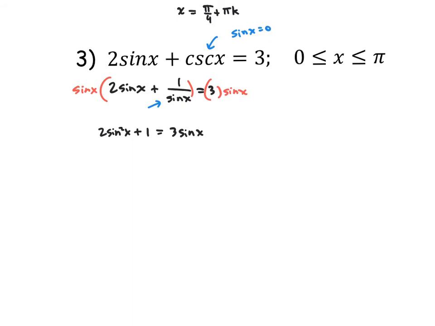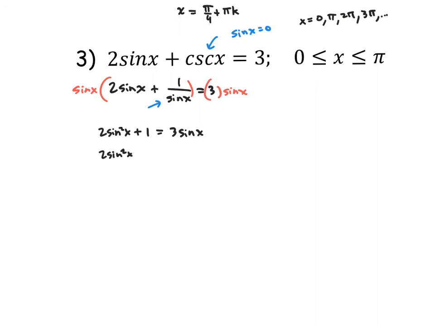So where is sine x equal to 0? Well, it's equal to 0 when x equals 0 or pi or 2 pi or 3 pi, etc. If I get any one of those, it's an extraneous solution. We can't use it.